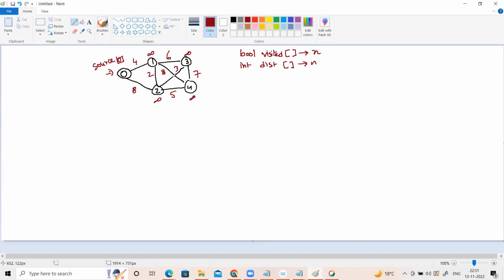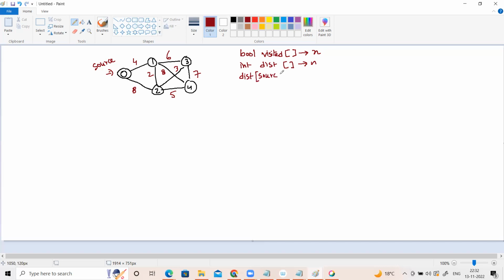We need to keep in mind that our prime motto is to take the minimum valued node. So if we give 0 distance at the source, then comparing with other nodes, 0 is the node which has the minimum distance, right? So whenever we pick someone from the dist array, we will honor the minimum distance. That's why we need to take dist of source.